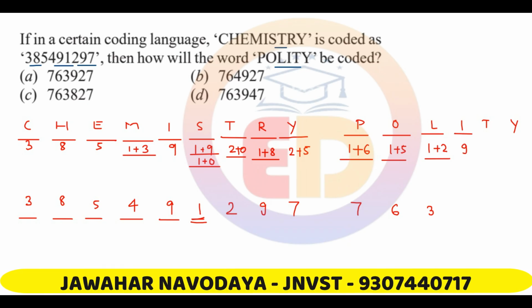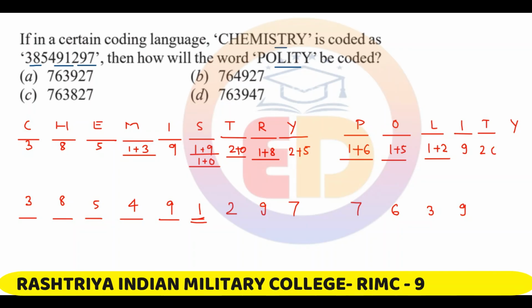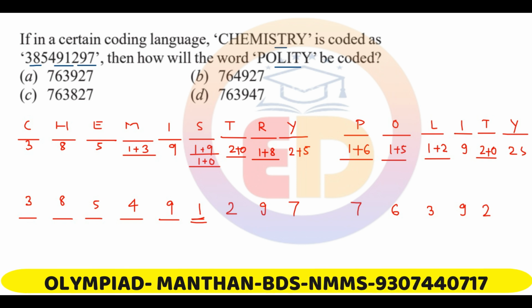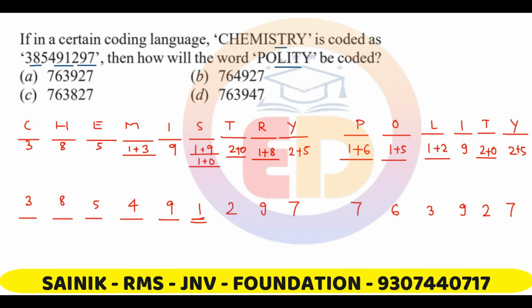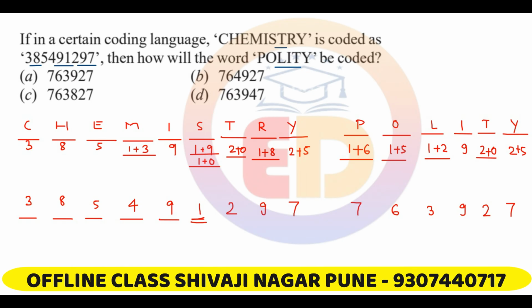I is 9, remains the same. T is 20, 2 plus 0. It will be 2. Y is 25, add the digits 2 plus 5, it is 7. So the code is 7639227. Answer is option number A.